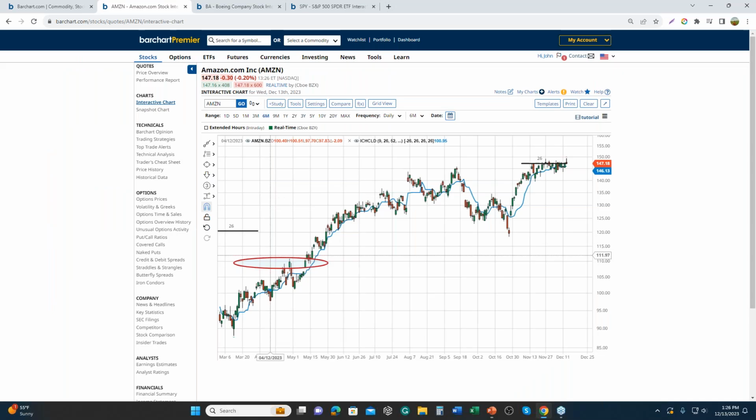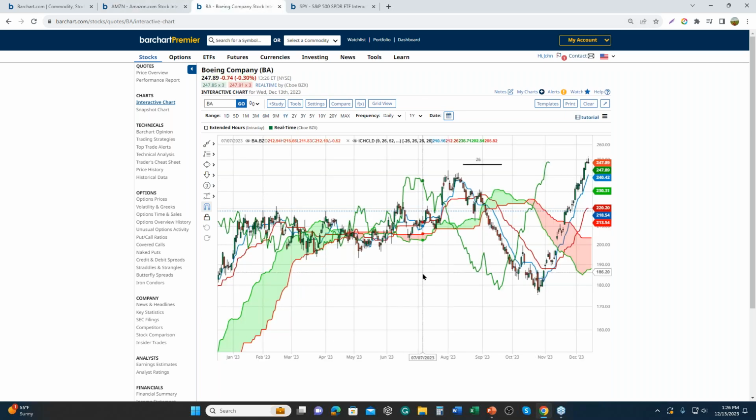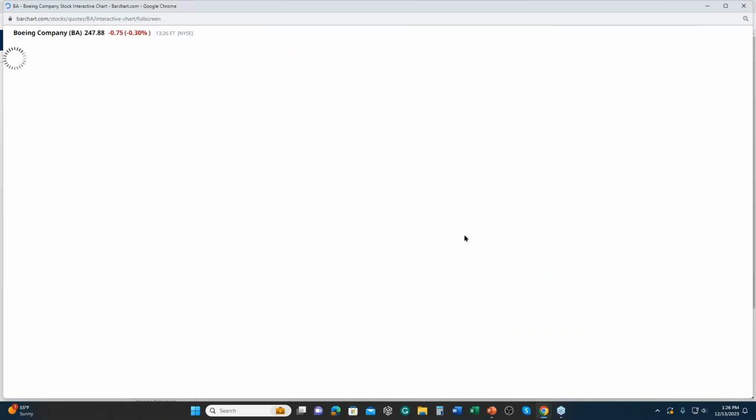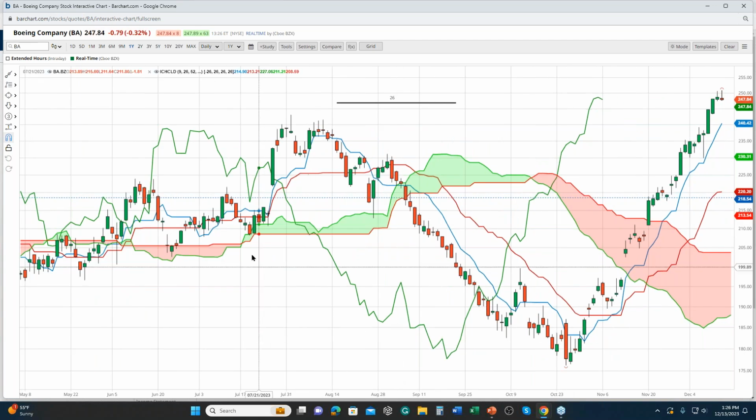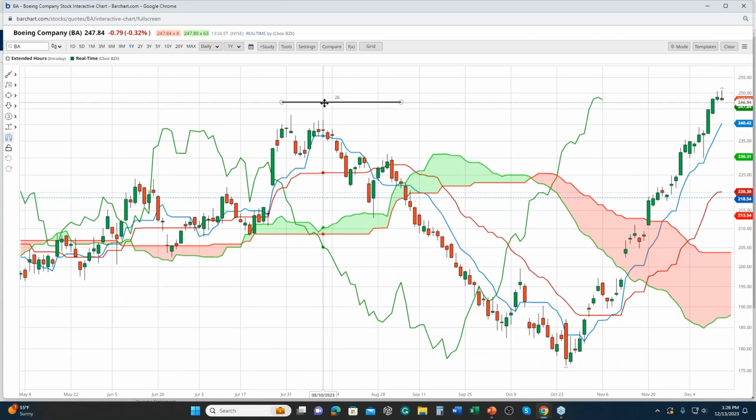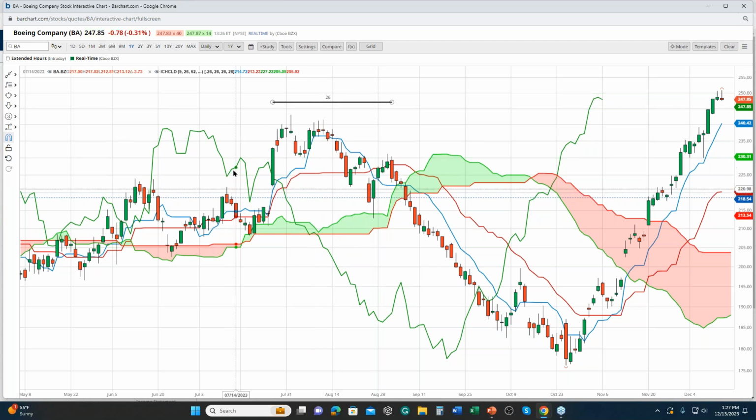So let's look at that. Here's Boeing. Again, let's blow this up so we can look at it. And this is what I was pointing out. So remember our 26 period displacement here.